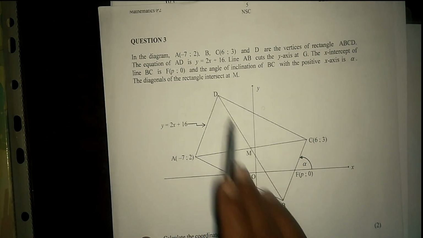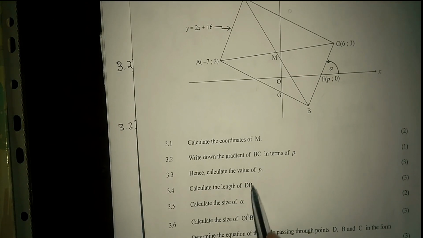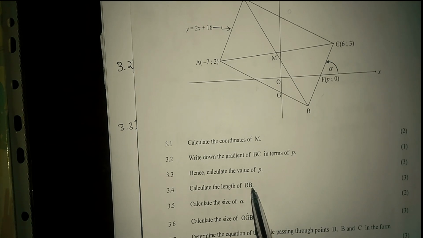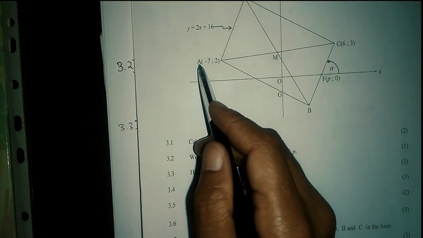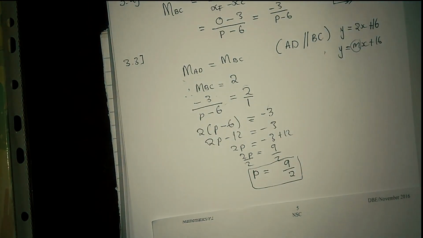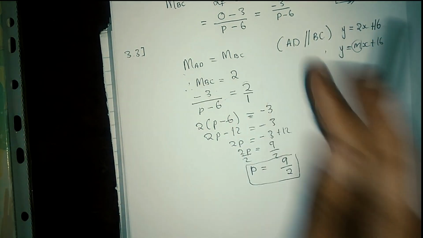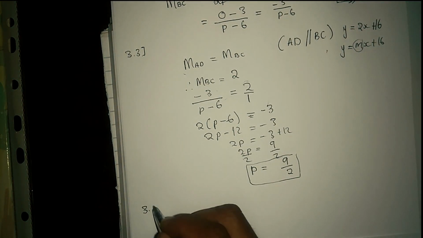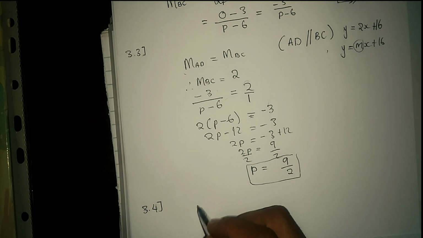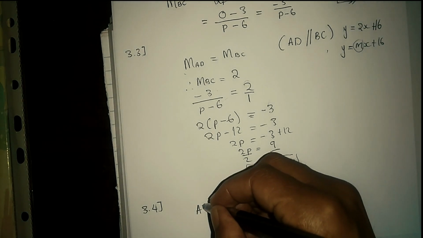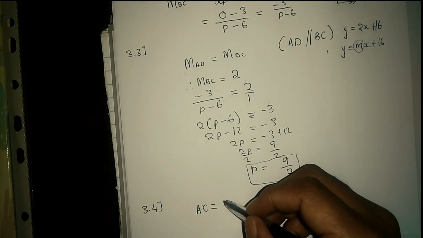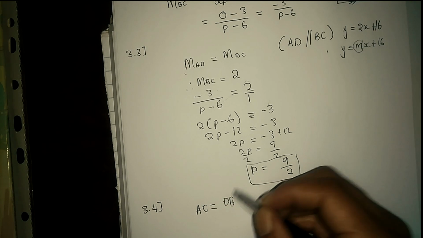We do not have the coordinates of D and B, so instead we use AC. Why use AC? Because the diagonals of a rectangle are equal. So line AC is equal to line DB.